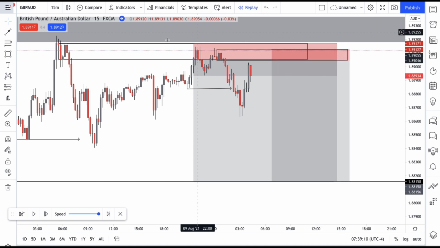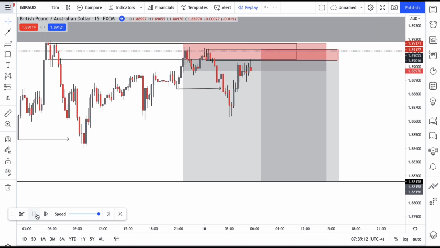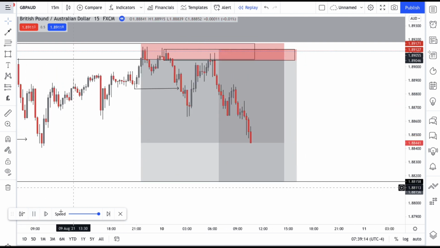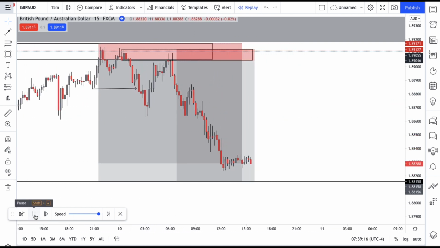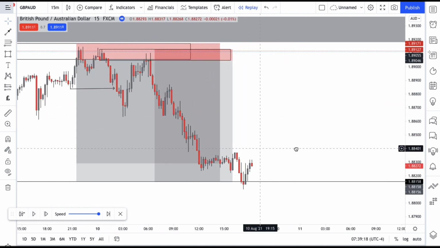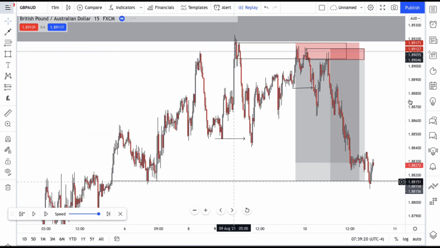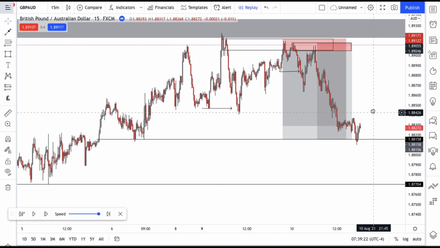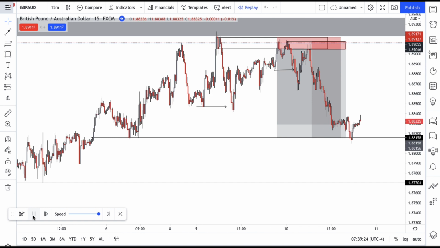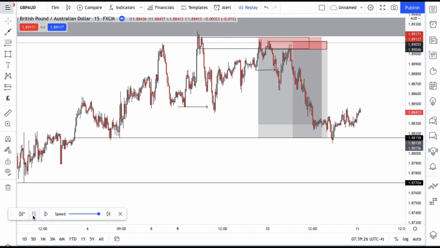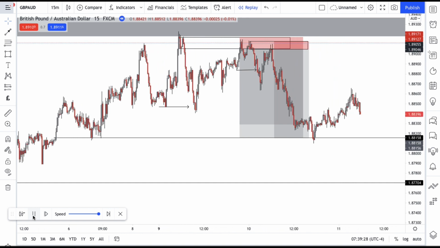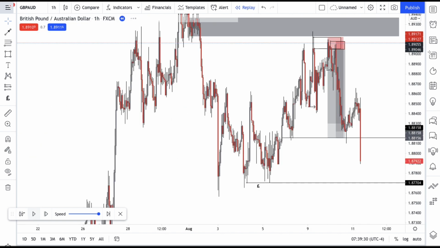And now if we just continue to play price, you can clearly see price wicked into that area. And then we smoked our TP. Now as you can see, price hit our TP and it also hit that liquidity that I was talking about right down there. So if I continue to play price, it's going to take a bit long. Just go on that 1 hour. There it is.